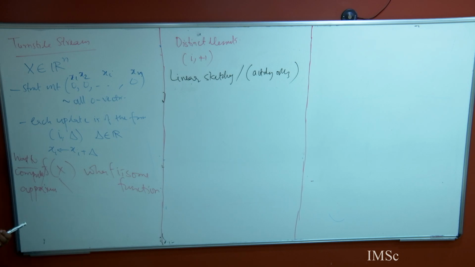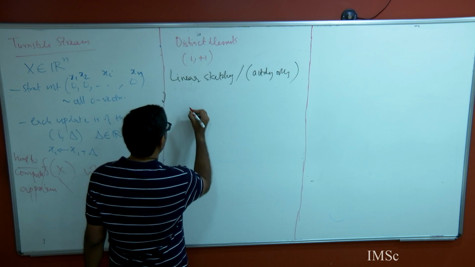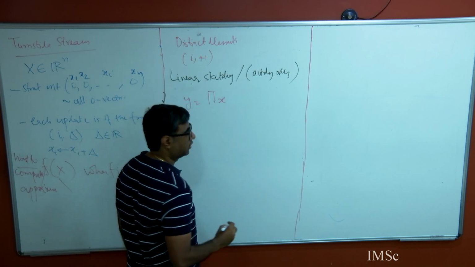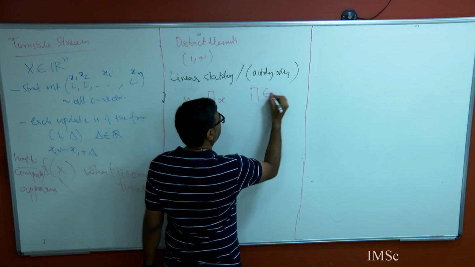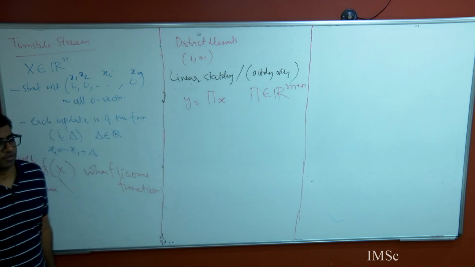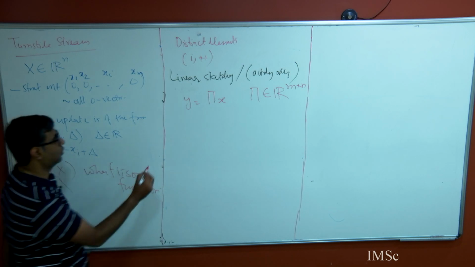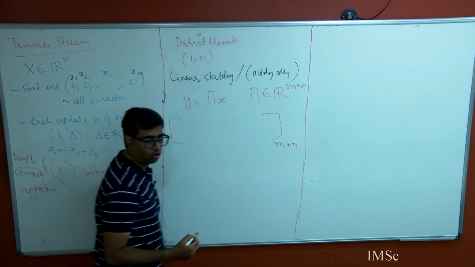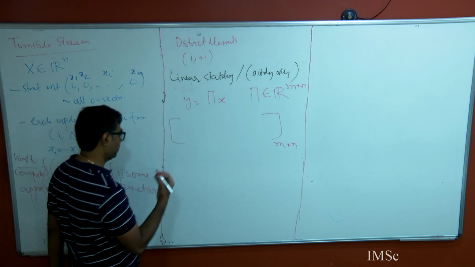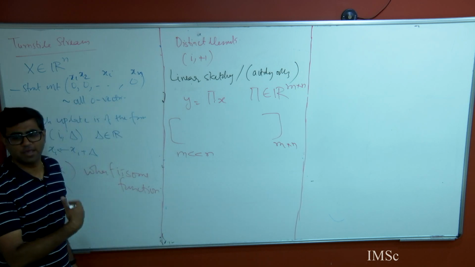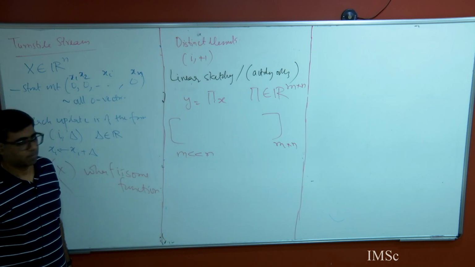So what is linear sketching? Linear sketching is basically you store y equal to Pi x, where Pi is an element of R^(m x n). So it's a matrix, an m cross n matrix, a short and fat matrix. What I mean by short and fat is that m is going to be way smaller than n.